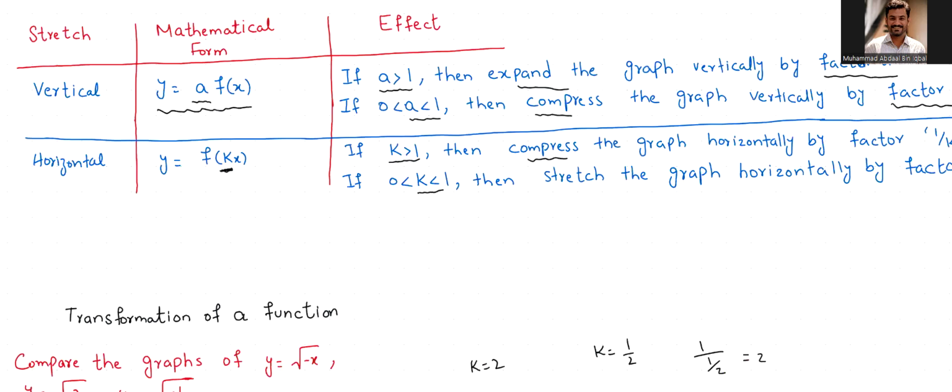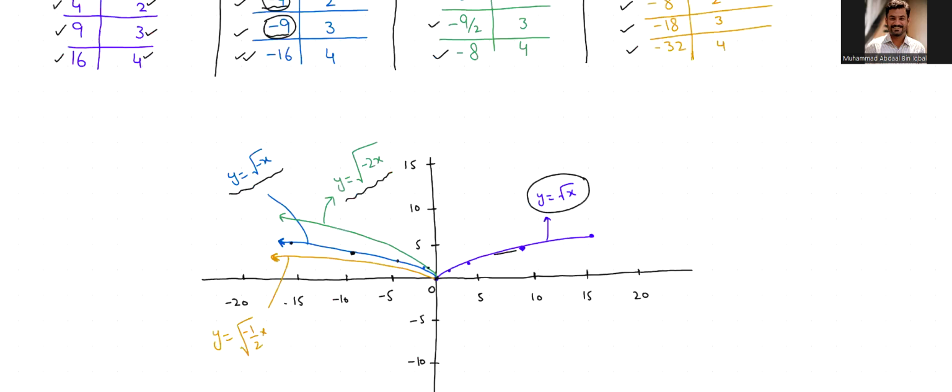If the k value is less than 1, then we need to stretch the graph horizontally by a factor of 1 over k. Okay. So if the k value is greater than 1, the graph is compressed horizontally. If the k value is less than 1, then we need to stretch the graph horizontally.